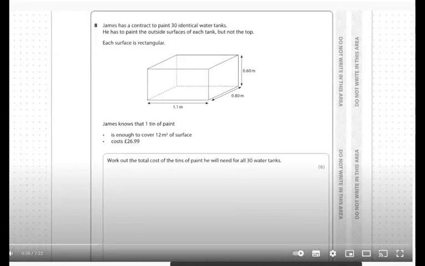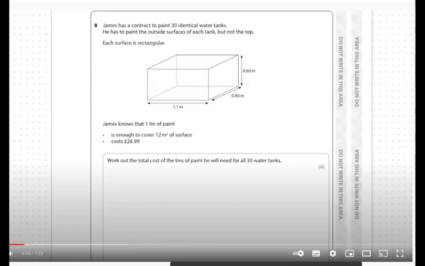Okay, so question 8. James has a contract to paint 30 identical water tanks. He has to paint the outside surfaces of each tank, but not the top. Each surface is rectangular. You've got a 3D representation of the water tank with the measurements.